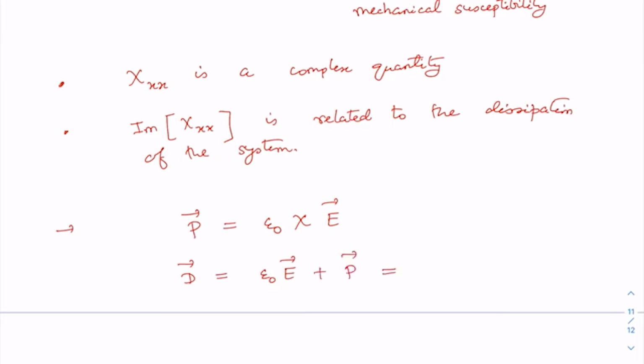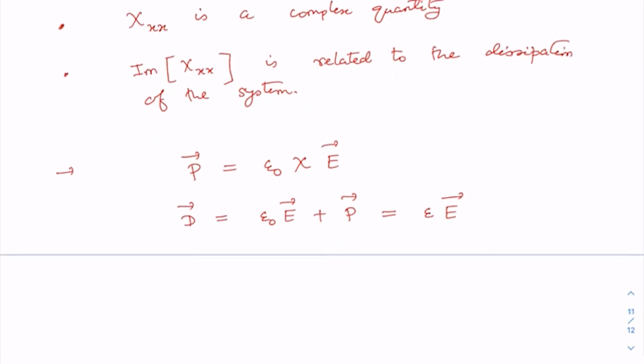Epsilon 0 is the electric permittivity in free space, and epsilon is the electric permittivity in the medium.